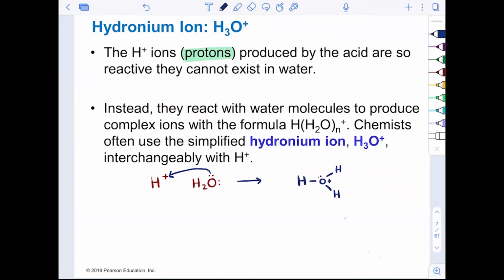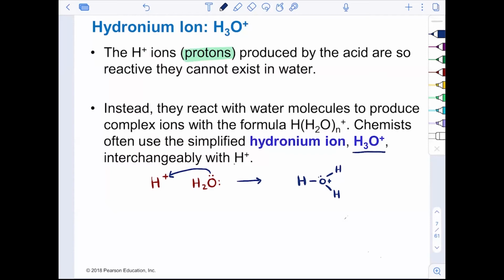Notice that the oxygen gained the positive charge that the cation, the proton, had. By picking up that extra proton, we have combined and stabilized the H plus proton to make H3O plus.